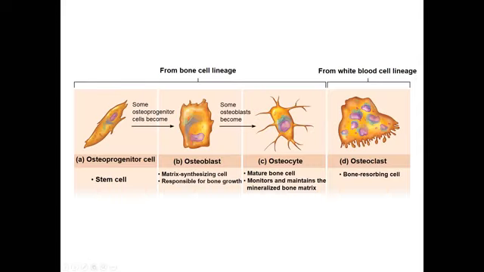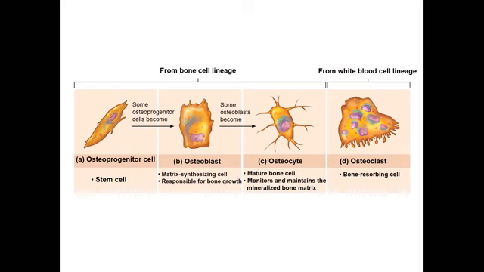So now we look at our cells that are part of the bone tissue, and we already said when we looked at the tissues that they are called osteoblasts and osteoclasts. The osteoblasts derive from these osteoprogenitor cells, which are like a precursor, like a stem cell. So they turn into osteoblasts, and osteoblasts are specialized fibroblasts, so they can make fibers.